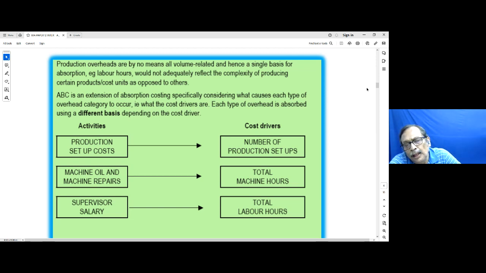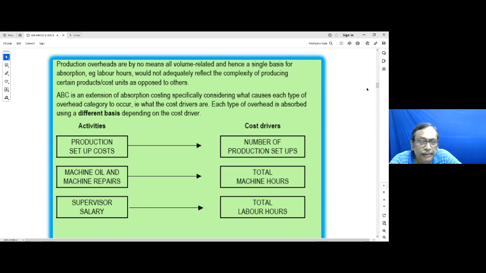Now, if we consider, say, a few activities, namely production setup cost, then its cost driver will be the number of production setups. Machine oil and machine repairs will be on the basis of total machine hours. Supervisory labor will be based on total labor hours.